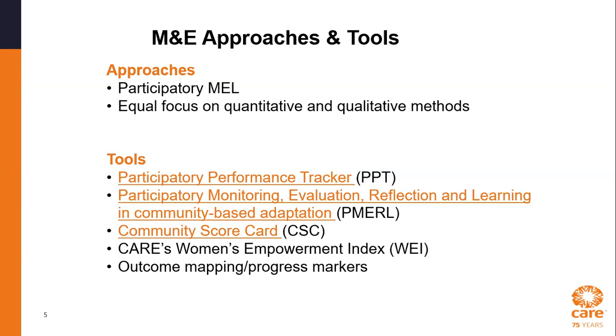We use simple and tested tools that the community can use easily for their own assessment and plan for course corrections. This also helps the measurement team or the management team to generate and analyze data at various levels to identify gaps and adapt project interventions accordingly. So here are a few examples of such tools that we use.